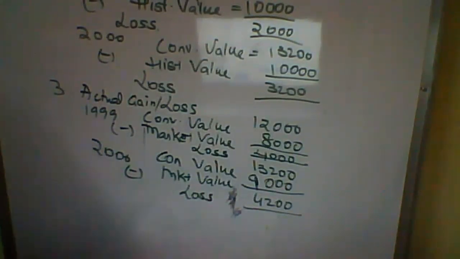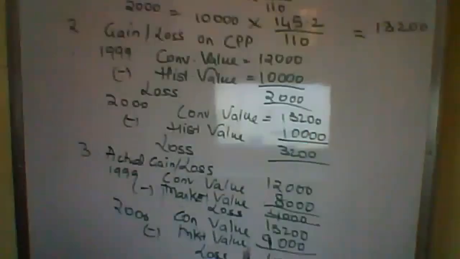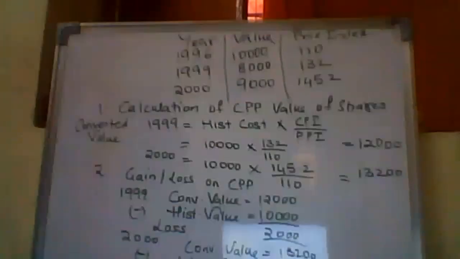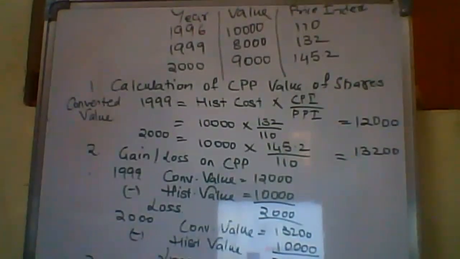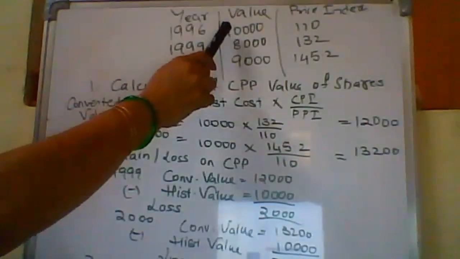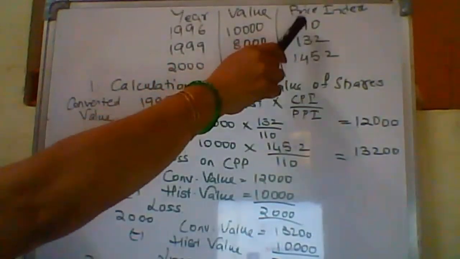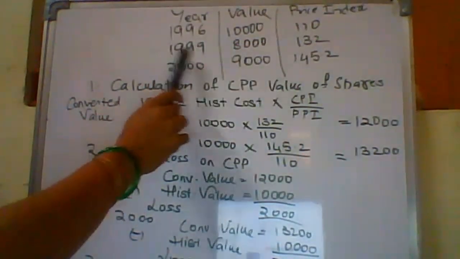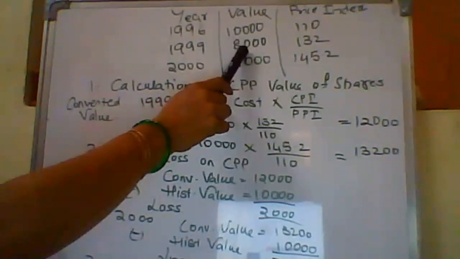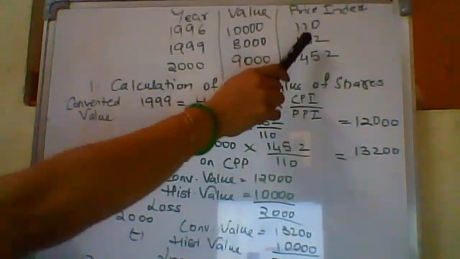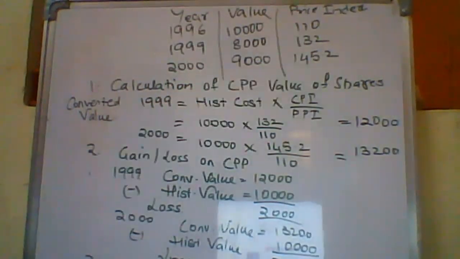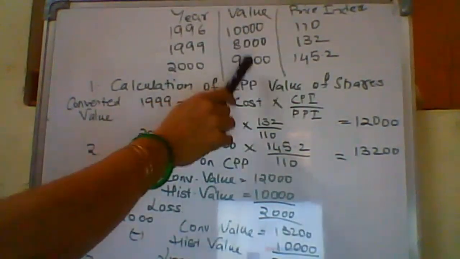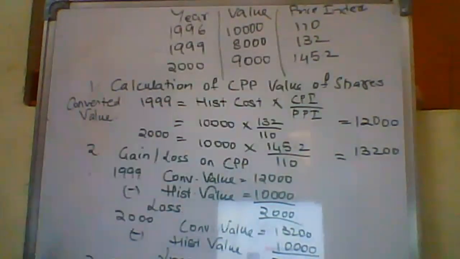Okay. Again check, I'm again explaining. First thing, what he gave you is that he purchased shares in 96 at 10,000. At that time, the price index was 110. In 1999, the market value is 8,000 and the price index is 132. In 2000, the market value is 9,000 and the price index is 145.2.